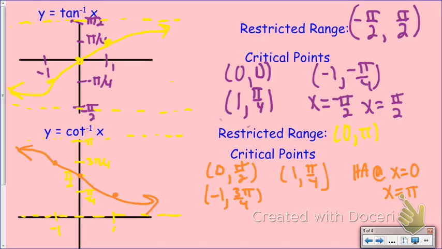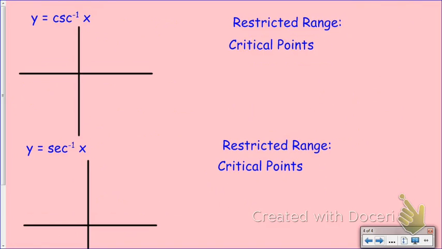All right, the last two we're going to look at are going to be secant and cosecant. So my secant and cosecant graphs are going to have a restricted range that was similar to my previous graphs. The restricted range for cosecant is going to be the same as it was for sine, because cosecant and sine are reciprocals. So that restricted range is from negative pi over 2 to pi over 2.